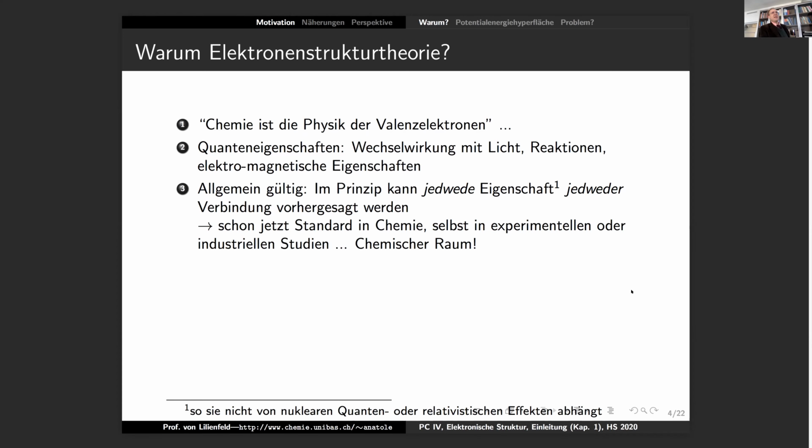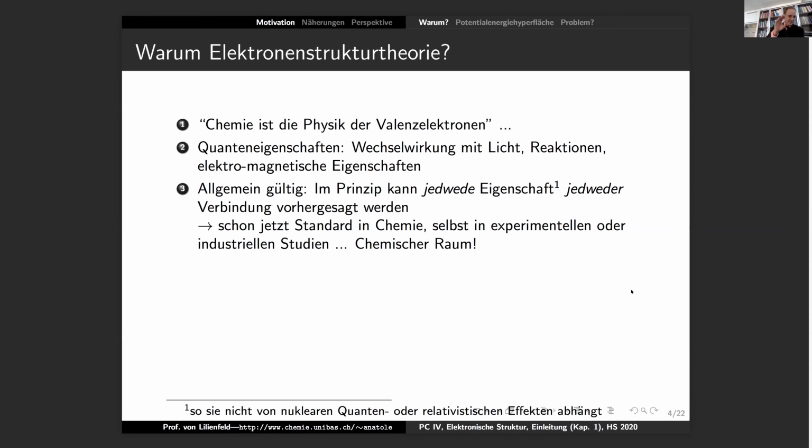Now, the idea of treating electrons explicitly is very appealing because they are an elementary particle. And so in principle, whatever they do, if you have a working theory for that, you should be able to predict any property really that is dominated by these electrons, right?